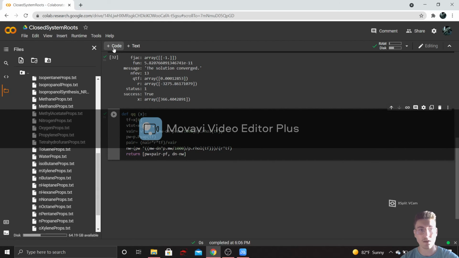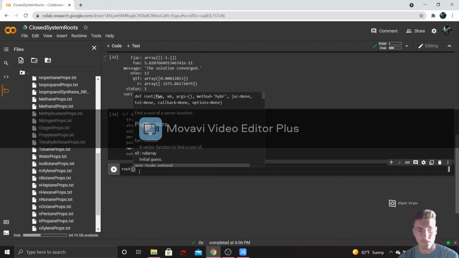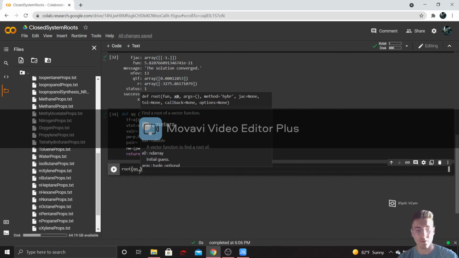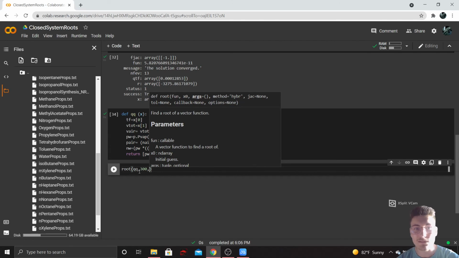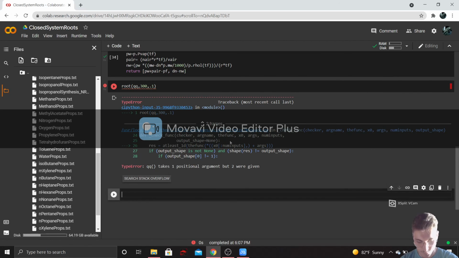And then if we get a new line of code now down here, we can do roots of the QQ equation, and then we need to have 2 initial guesses. Since it was close to 300, so 300, and then initial guess of, I don't know, our first volume was 0.1.